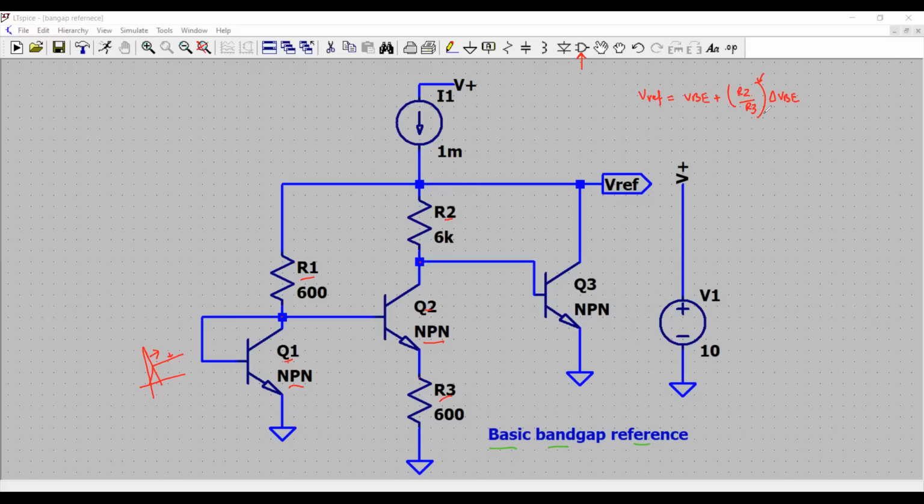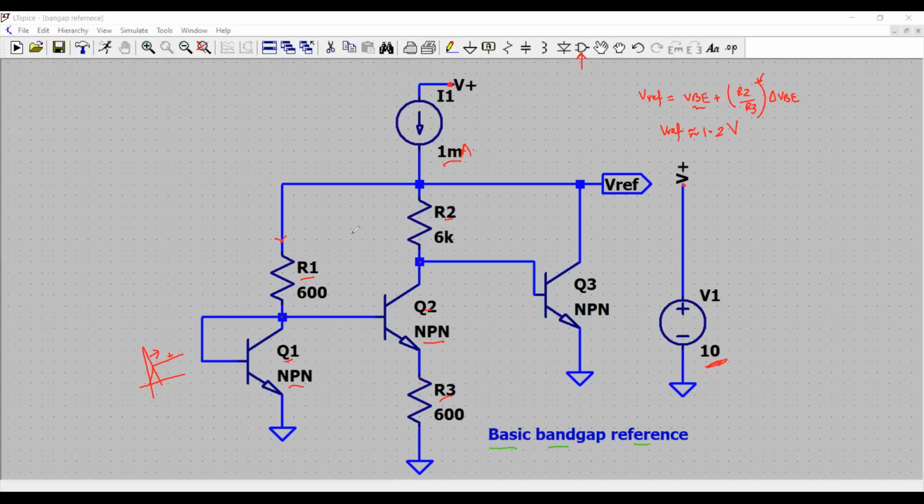Okay, so this is a multiplication factor that will make delta VBE approximately equal to VBE, and therefore V reference should be approximately equal to 1.2 volts, which is equal to the band gap of silicon. And that's why the name comes. So I'm using, let's say, 10 volt supply here. Then I'm using this V plus that is connected right here, and I'm forcing 1 milliampere current into the circuit.